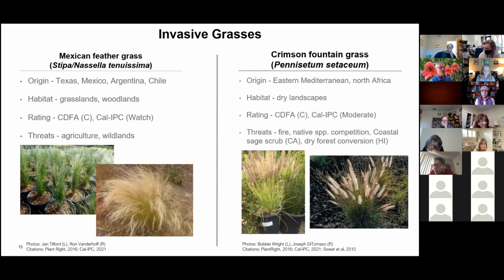It's still being sold in the nurseries, so far as I'm aware. Pennisetum similarly is still available so far as I'm aware, and you'd see that commonly everywhere. It's not so much a problem up here, but the Southern California coastal scrub community is really affected by this. It increases fire and it's taking over that habitat.